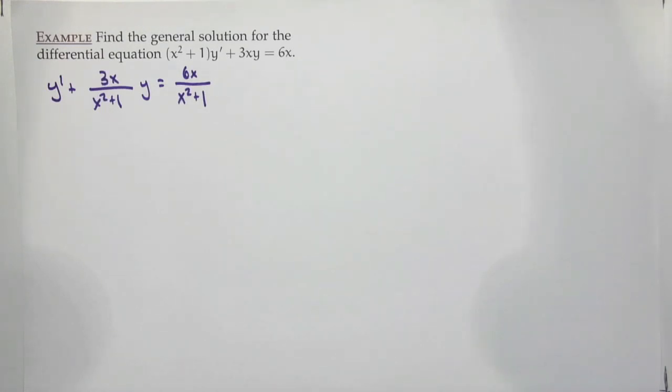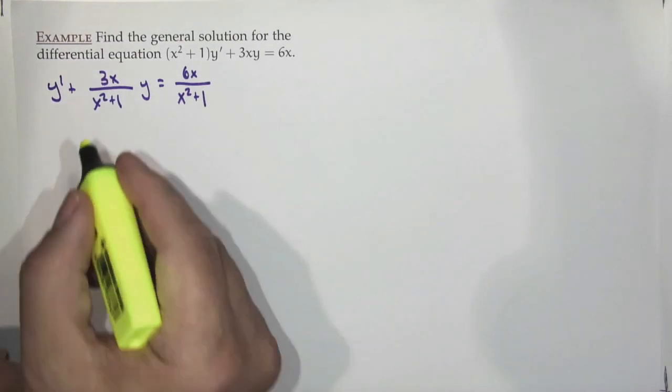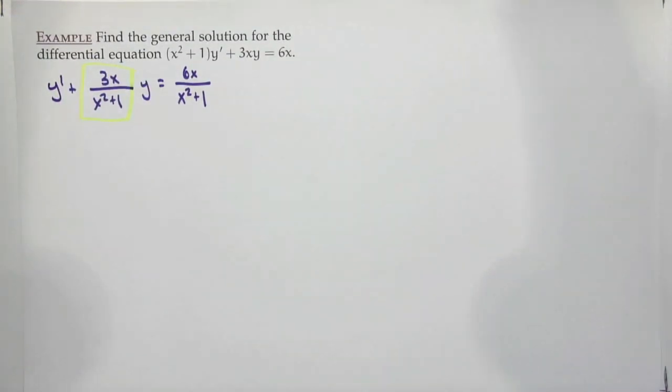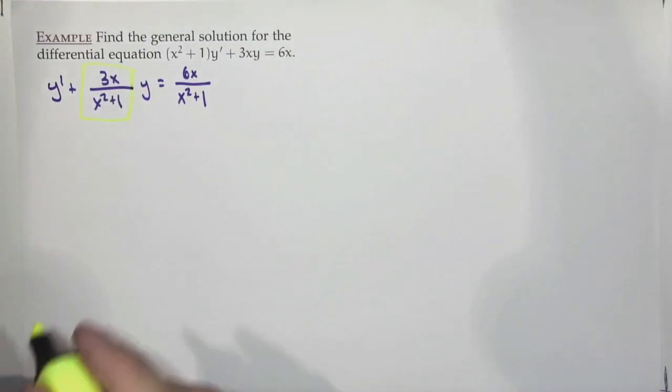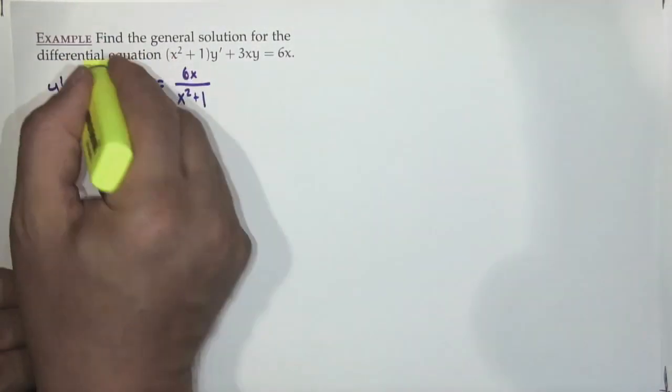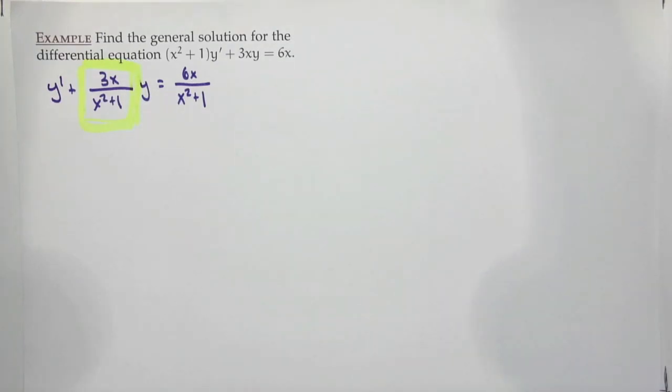Good. Now, at this stage, we focus on this part in front of the y, the 3x over x squared plus 1. This part is the key. We're going to integrate that.